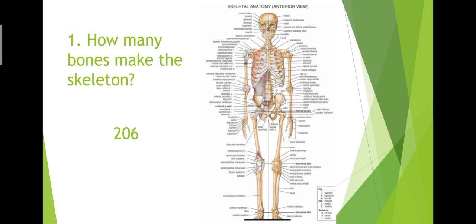If you look at the bones of a newborn baby, you will be surprised to know that there are 300 bones. As the baby grows, 94 bones fuse together, and finally when the child becomes an adult there are only 206 bones.